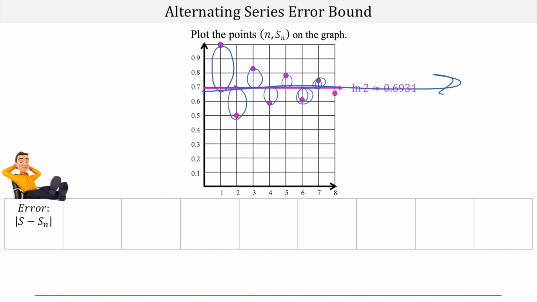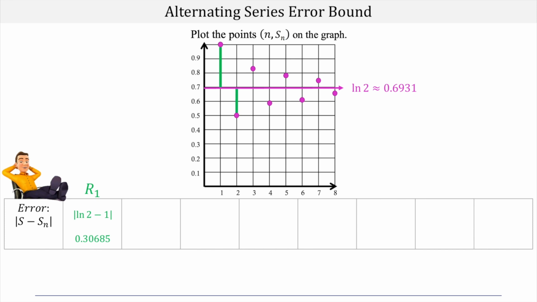So what I'm going to do right now is just figure out what each of these distances is. So I'll take the point, the s sub n, and find the distance to ln of 2. I'm going to call each of those a remainder. So the first distance is 0.30685.